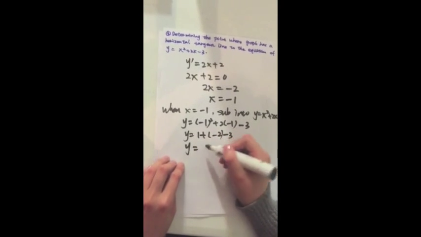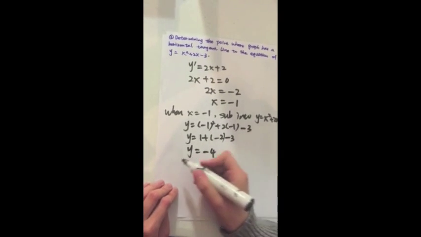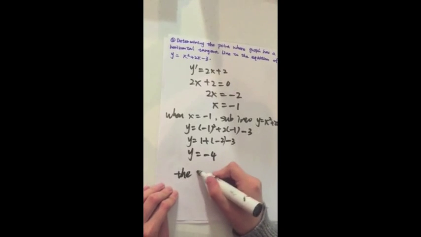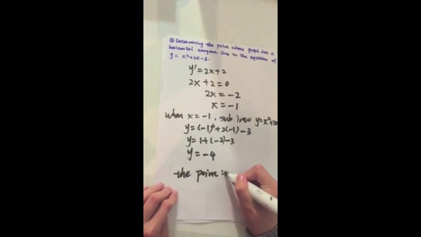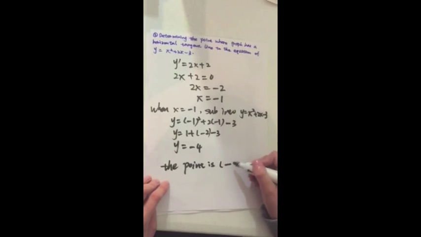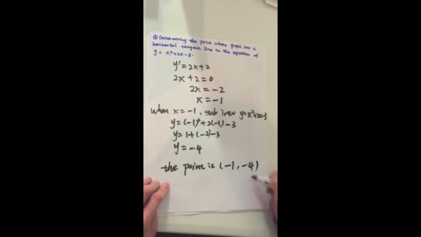Therefore, y is equal to minus 4. So the point is (-1, -4).